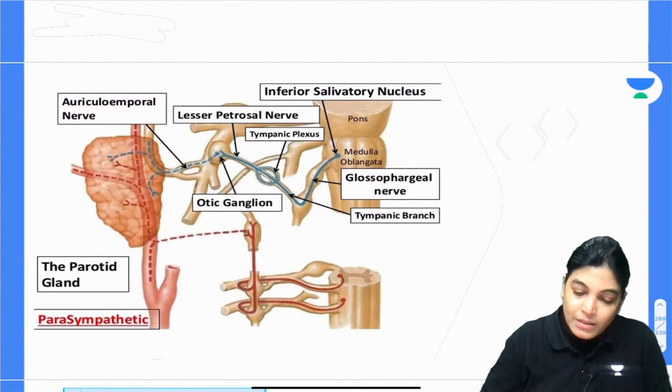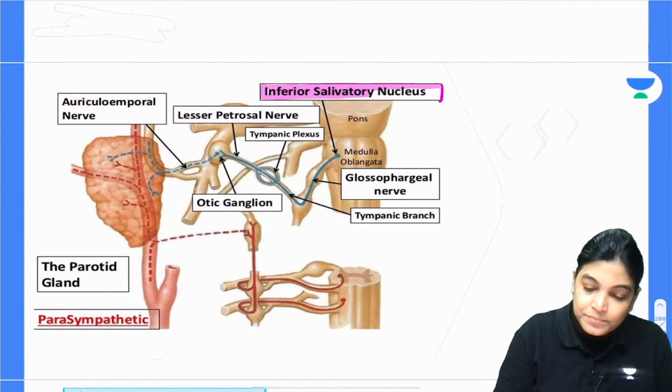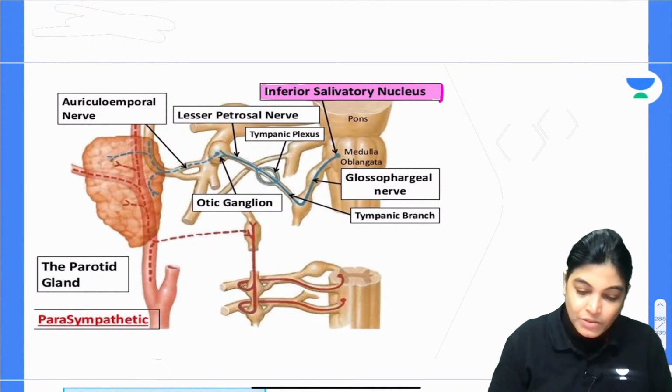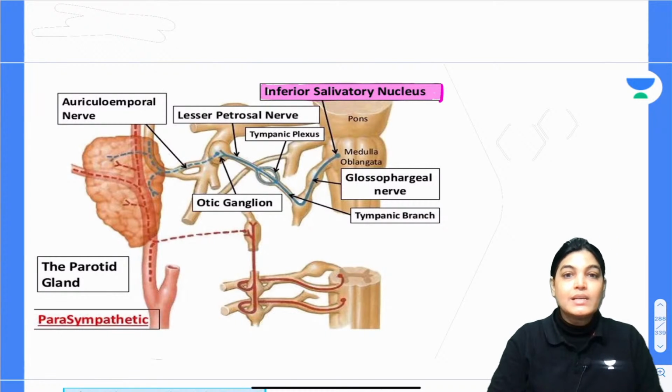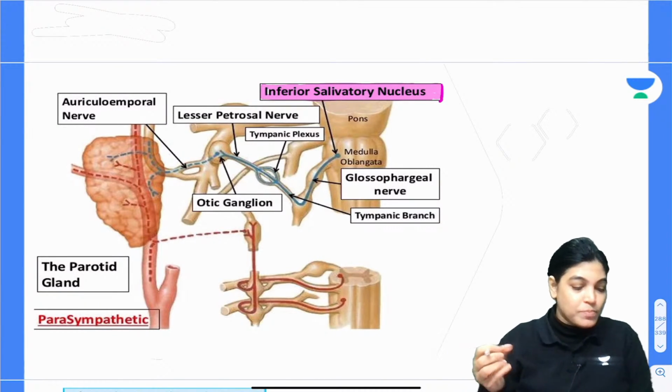See here, the inferior salivary nucleus. The inferior salivary nucleus is the nucleus of origin that carries secretomotor fibers to the parotid gland.